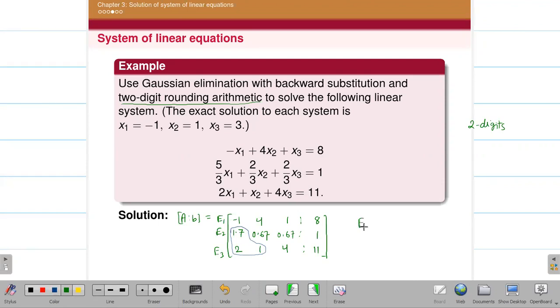E2 minus 1.7 divided by -1 times E1. Then E3 minus 2 by -1 times E1, or you can take plus 2 times E1. That will make these elements 0. So let us make it.